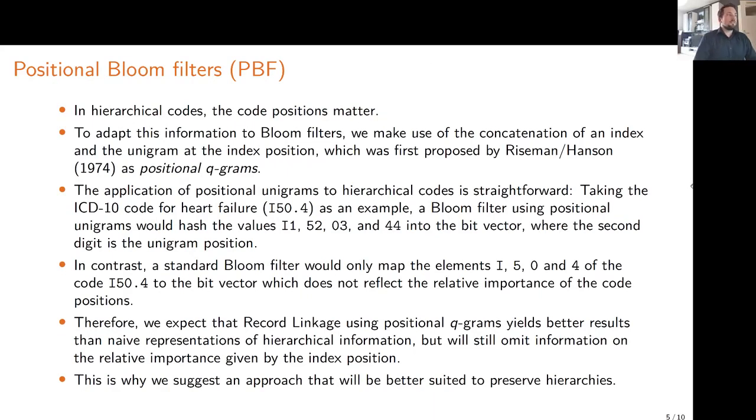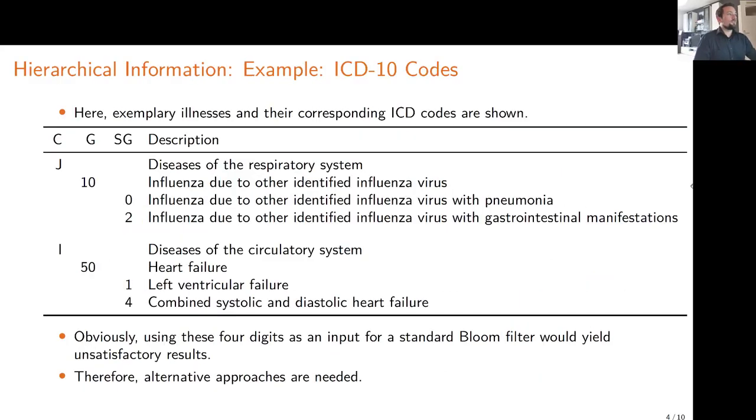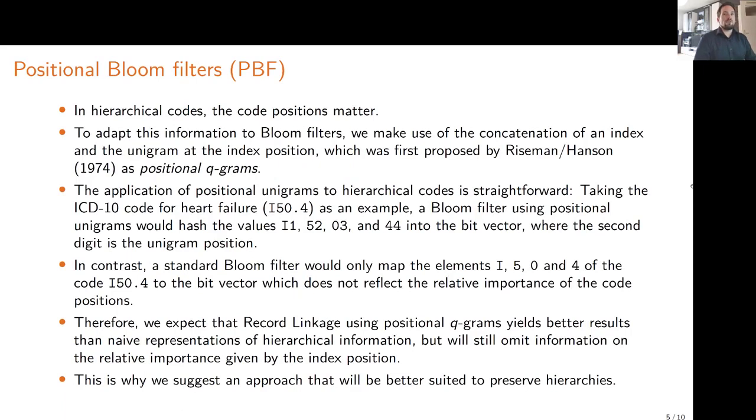To remedy that, the code positions could be added to the simple parts of it, meaning you could add a number to the chapters, like 1. You could use a number that will designate the groups and the subgroups, and you will add that as a part of the unigrams, meaning you will get positional unigrams, which have been used before, meaning the first position gets a 1, the second position gets a 2, the third position gets a 3, and so on.